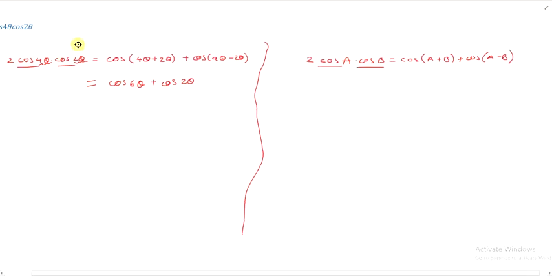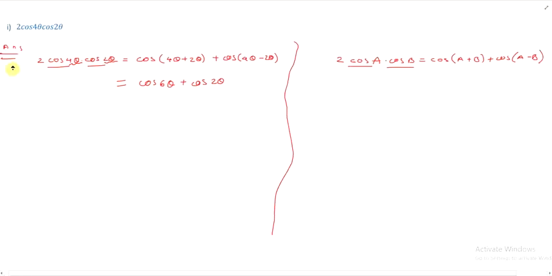Now, let us have one more example there. The second example: 2 cos 35 degree into cos 75 degree.